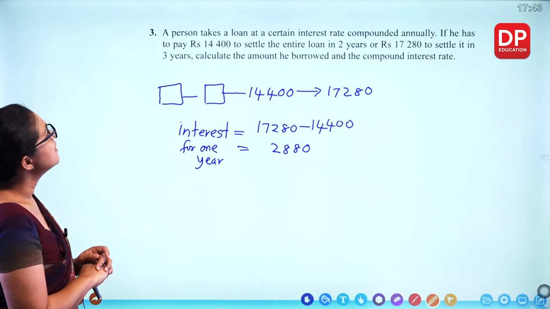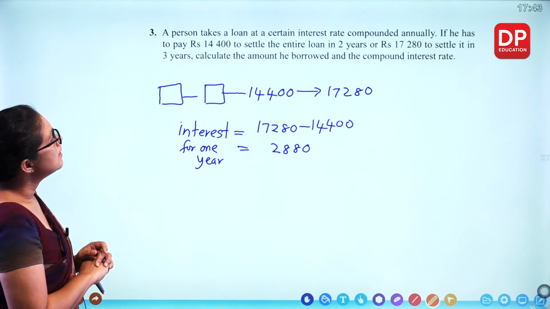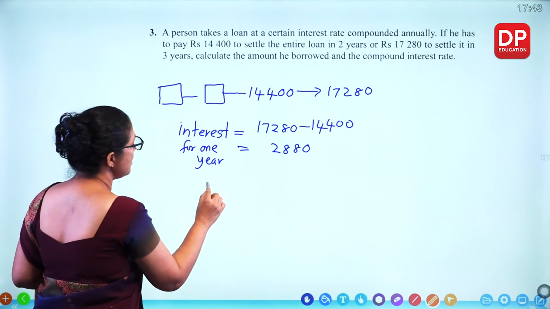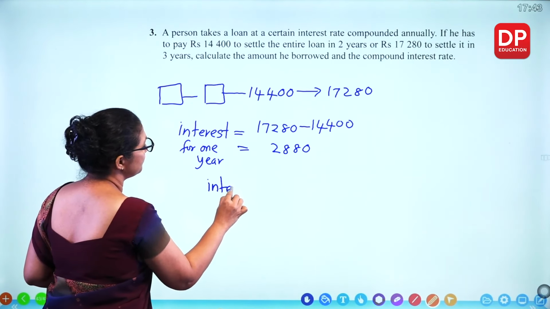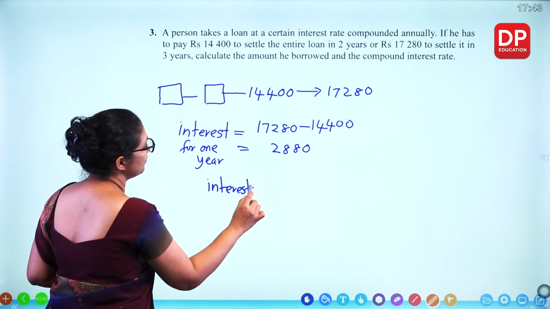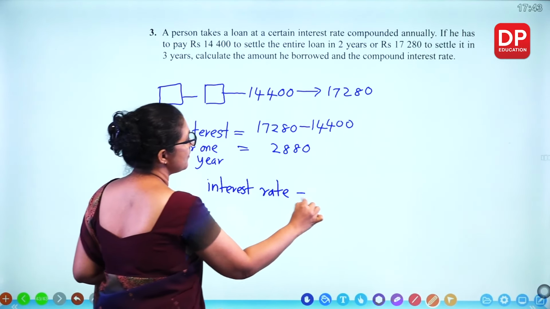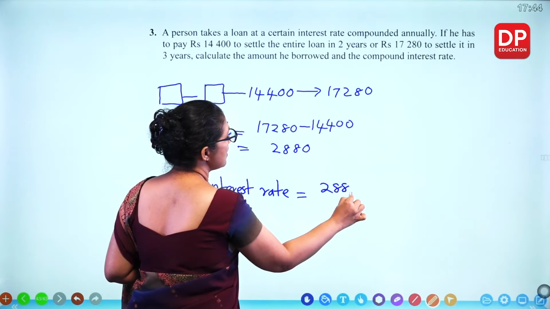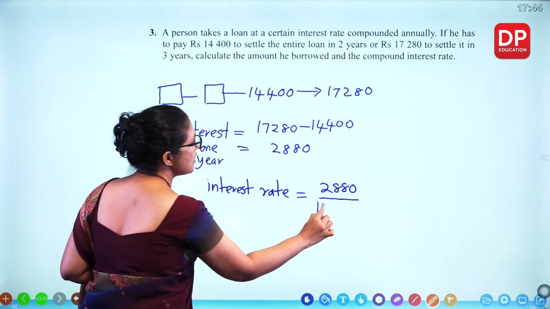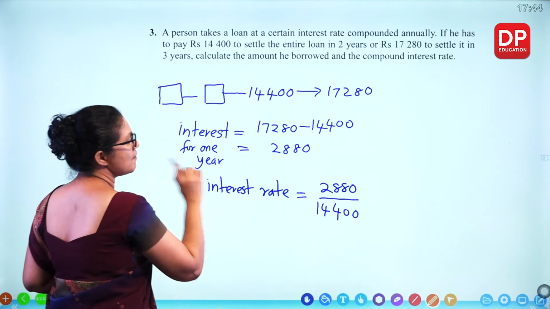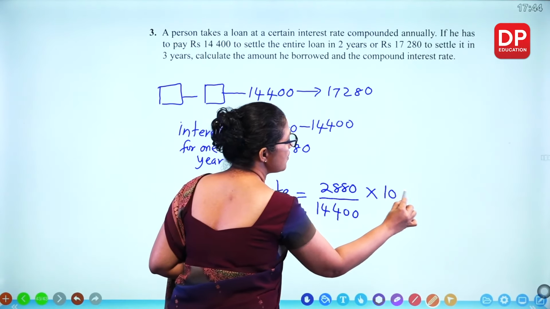So what's the interest rate? We can find out the interest rate as this is the interest for 14,400 as the initial value, into 100.